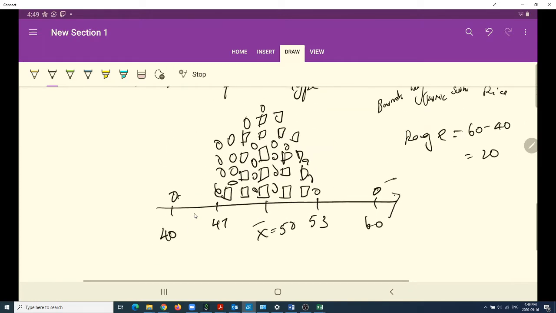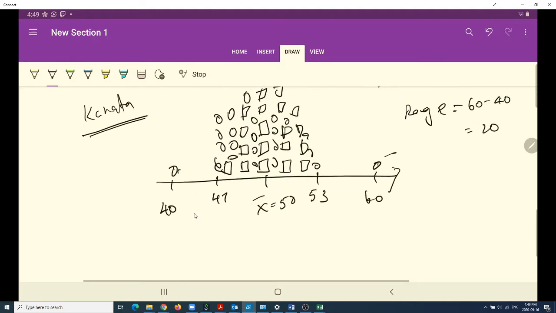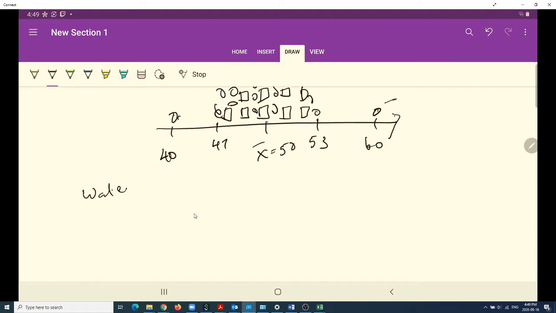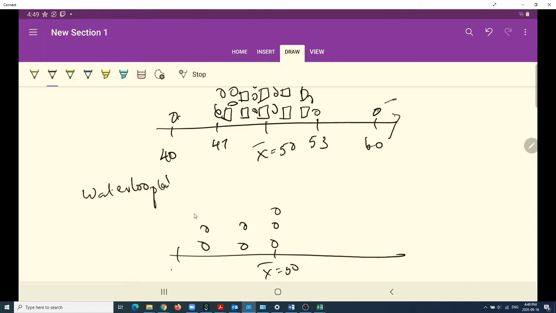And this is the Kanata plant. Now look at the Waterloo plant. If you draw something similar, centered around 50, your observations are a little more diverse.